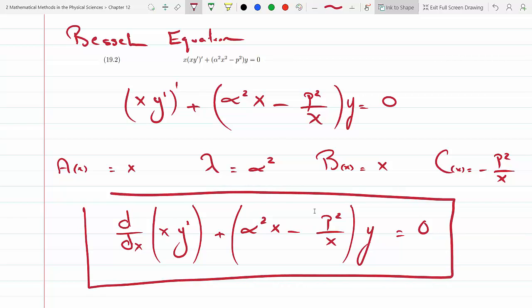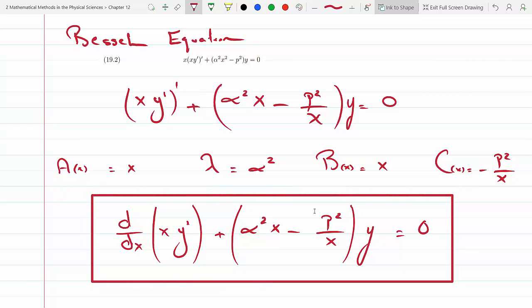So we proved that this Bessel equation can be put in the form of a Sturm Liouville equation as long as we define a(x), lambda, b(x), c(x) as such.